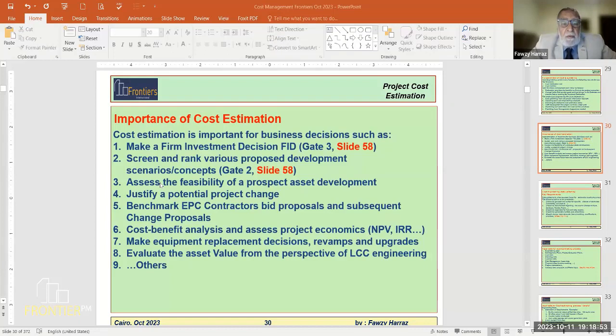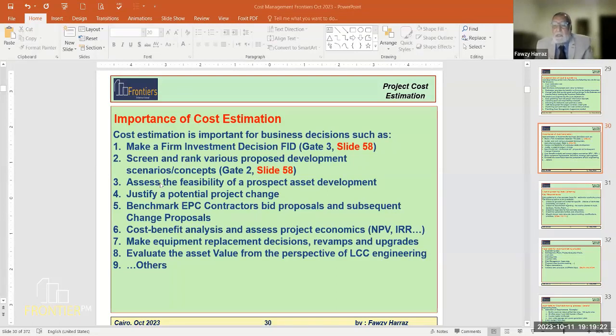Cost estimation is important for business decisions such as making firm investment decisions. This is for the management at a certain time in the asset development; we'll see this on slide 55. There are stages of asset development, starting with feasibility, then options or concept selection.